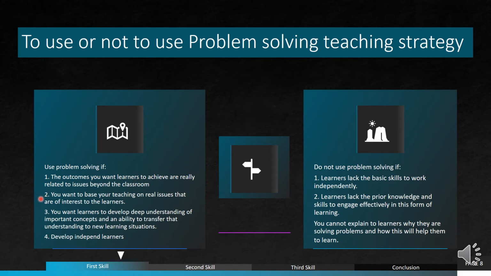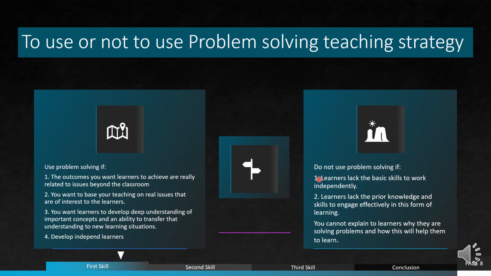You want to base your teaching on real issues that are of interest to the learners, and you want your learners to develop a deep understanding of important concepts and the ability to transfer that understanding into a new learning situation, and develop independent learners. Where not to use it?